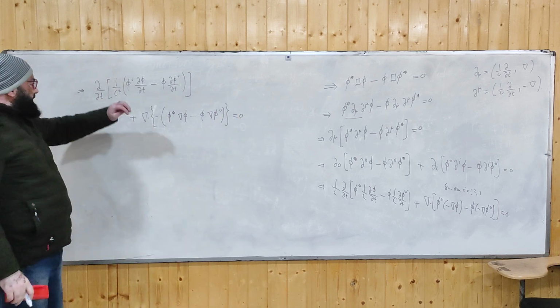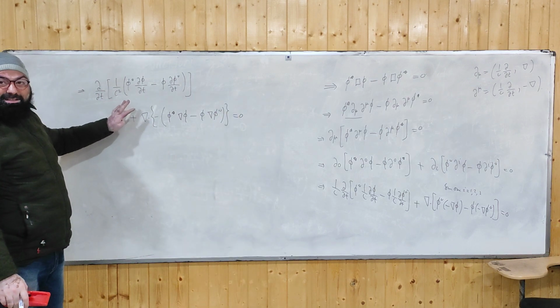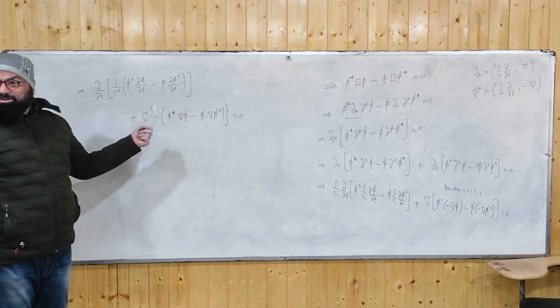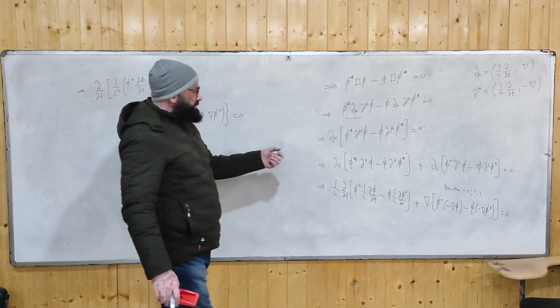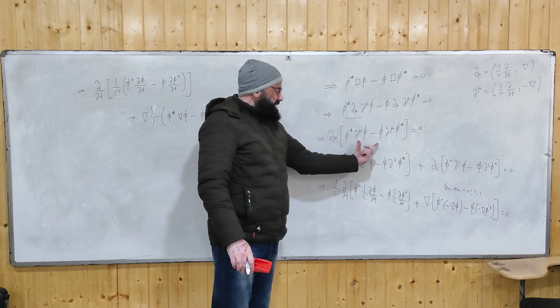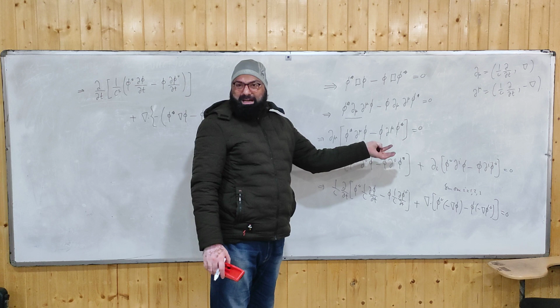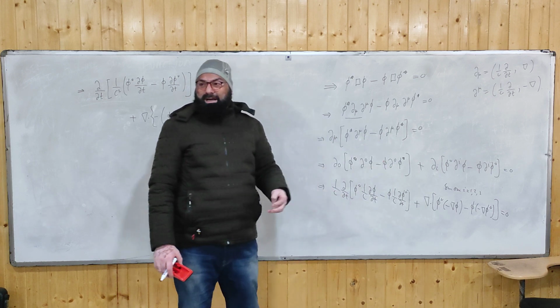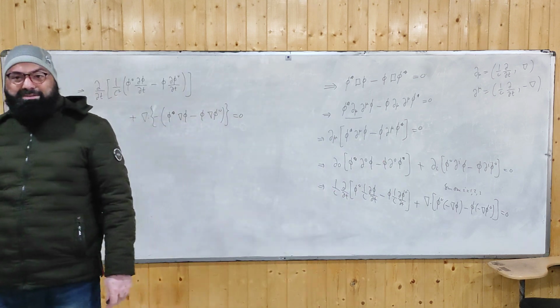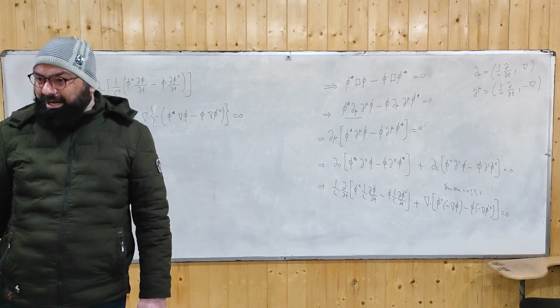Clear? So if you see, this is ∂ρ/∂t plus del dot j is equal to 0. Apparently here, you can have ∂μ, you can call this a 4-vector jμ, ∂μ jμ is equal to 0. That's the conservation law. Clear? So the continuity equation gives you the conservation law. Conservation of what? Conservation of the charge.